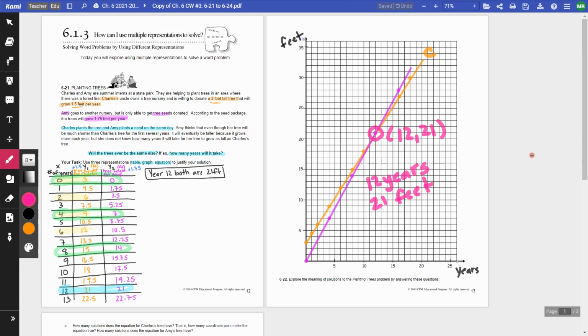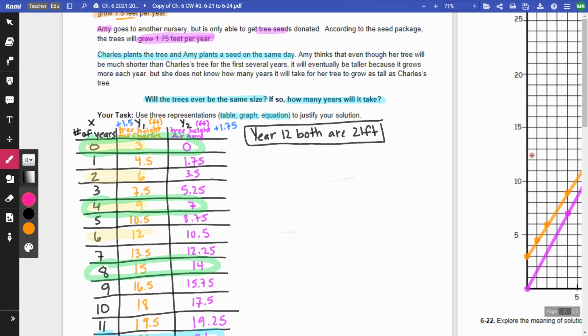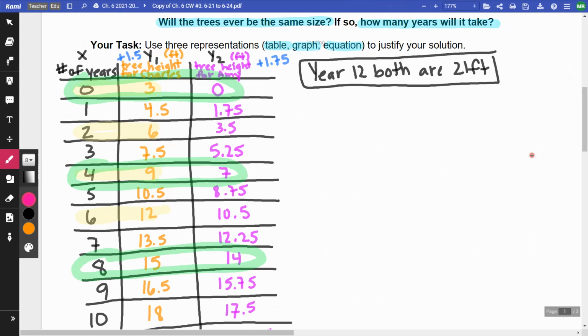The last thing they want us to do is an equation. I'm going to do the equation over here. So what I'm going to do is I'm going to write 2 equations. I'm going to say it this way, one situation, one expression for Charles, and then I'm going to do one for Amy.